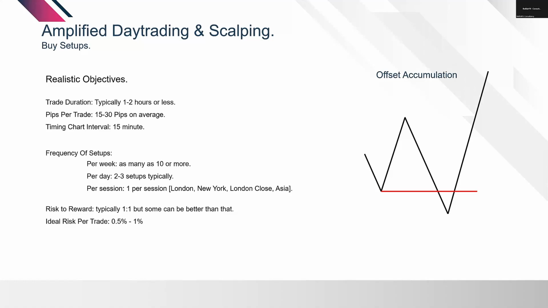Your chart interval is going to be the 15-minute time frame if you're scalping. The frequency of setups per week can be as many as 10, if you are always on the chart. Per day, there can be 2 to 3 setups. Per session, maybe 1 per session: London, New York, London close, or Asia, there could be 1 setup there.